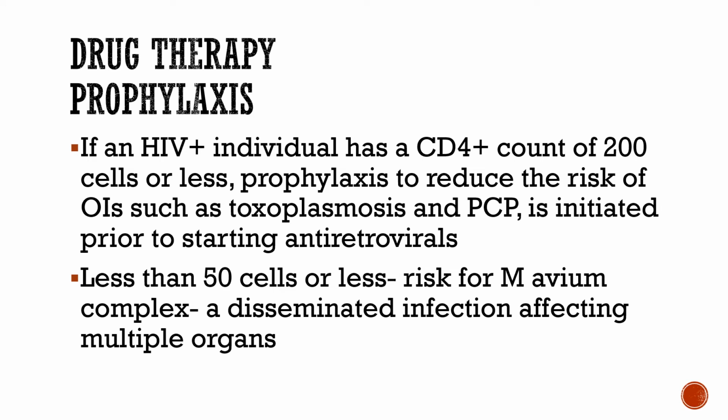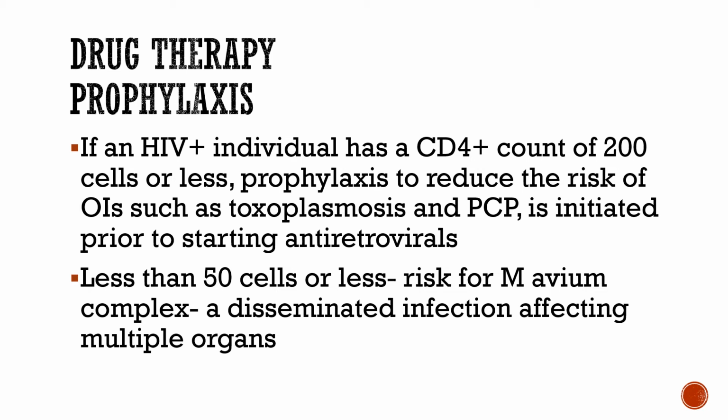So, drug therapy prophylaxis. If an HIV positive individual has a CD4 count of 200 or less, prophylaxis to reduce the risk of OIs, those opportunistic infections such as toxoplasmosis and PCP, is initiated prior to starting their antiretrovirals.